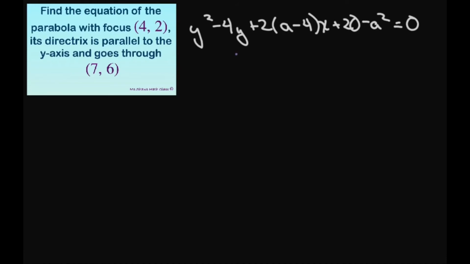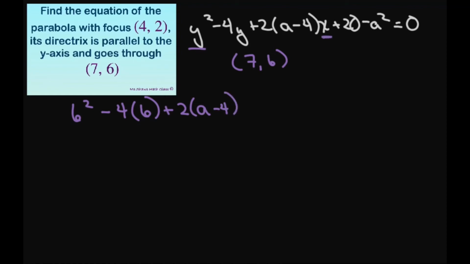It passes through the point (7, 6), so let's substitute all that in. Our y is 6, so that's going to be 6 squared minus 4 times 6 plus 2 times a minus 4 times my x, which is 7, plus 20 minus a squared equals 0.